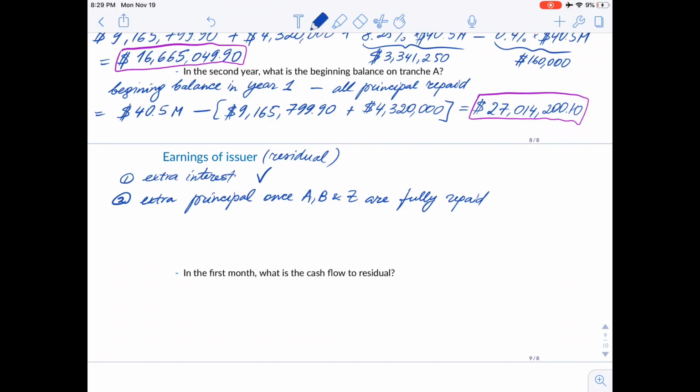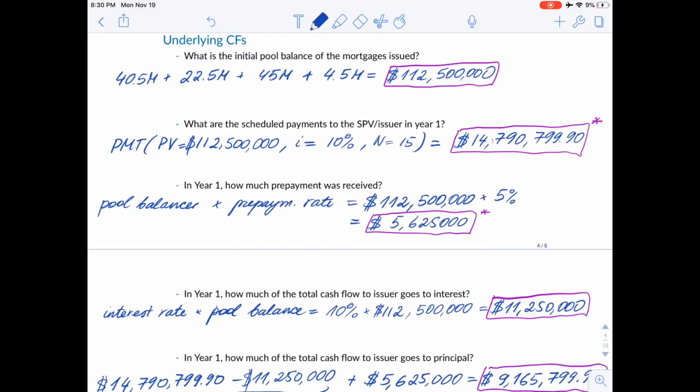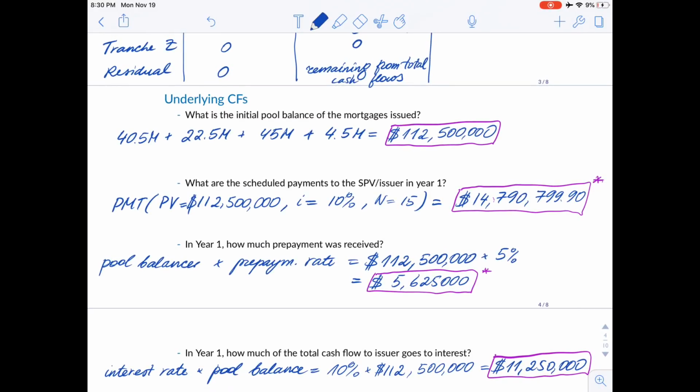So the cash flow to residual is going to be the total cash flow to security minus servicing fee that will be paid to the servicers minus cash flow to A minus cash flow to B minus cash flow to Z. Total cash flow to the security we've computed in the past, it's going to be the sum of these starred values, the scheduled payment plus the prepayment.